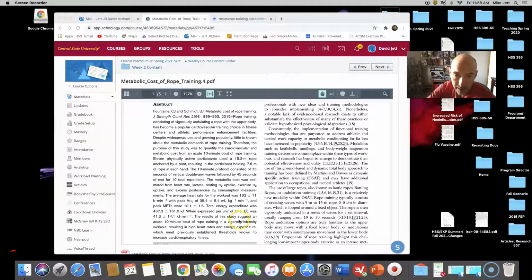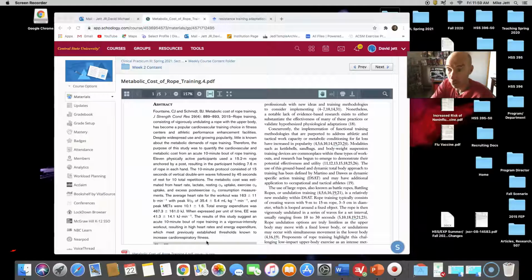The results of this study suggest an acute 10-minute bout of rope training is a vigorous intensity workout, resulting in high heart rates and energy expenditure, which meets previously established thresholds known to increase cardiorespiratory fitness. So what they're saying is the protocol they conducted is sufficient to increase cardiorespiratory fitness, right?